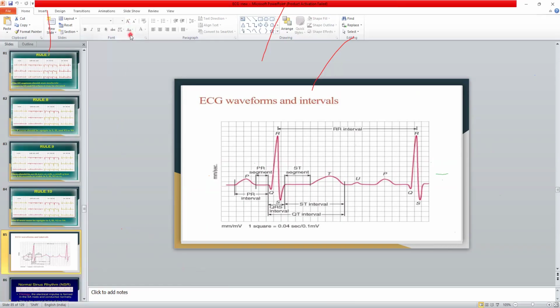I hope you have understood the basics of ECG, how to interpret a normal ECG, what factors you have to interpret in an orderly manner, how to identify the normal waveforms and the intervals, and how to calculate the duration of the waves and the intervals.